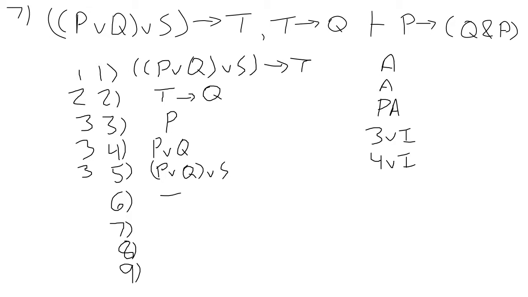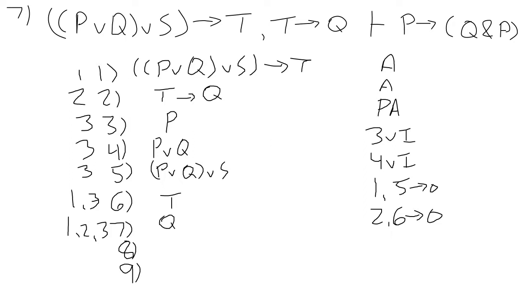Now we can get the T out in line 1 from 1 and 5, arrow out. 1 and 5, that's 1 and 3. And then we've got T, so we can get our Q out in line 2 from 2 and 6, arrow out. 1, 2, and 3.